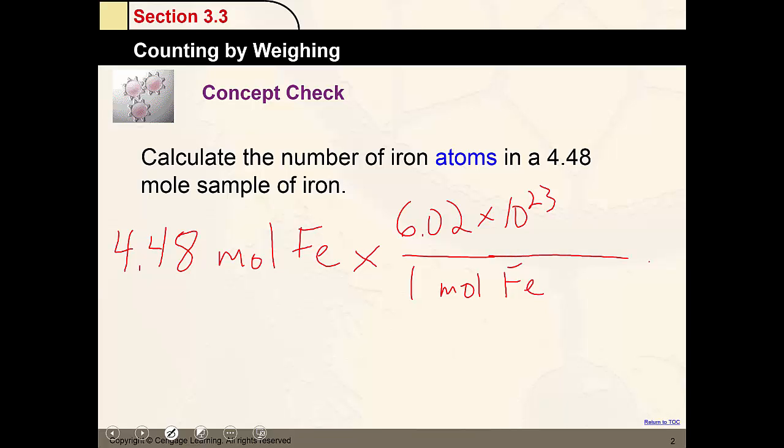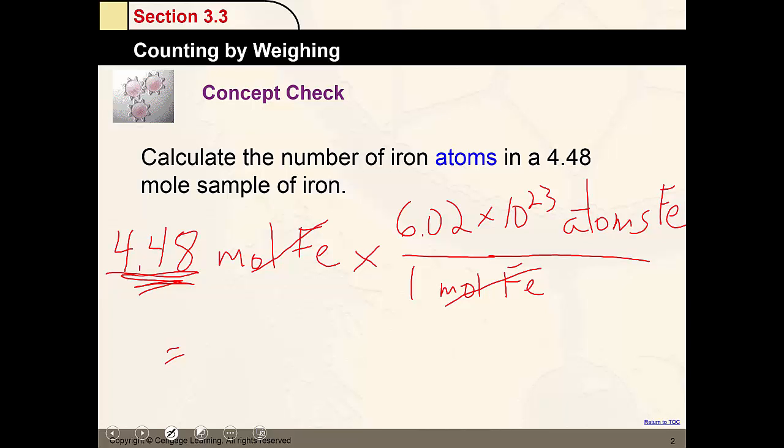So for every 1 mole of Fe, there's Avogadro's number of atoms of Fe. And you know it has to be set up this way since we have to cancel the units of moles. And since Avogadro's number is an exact number, you're just looking at the sig figs that we start with. So we start with 3 sig figs, so our answer is also 3 sig figs.